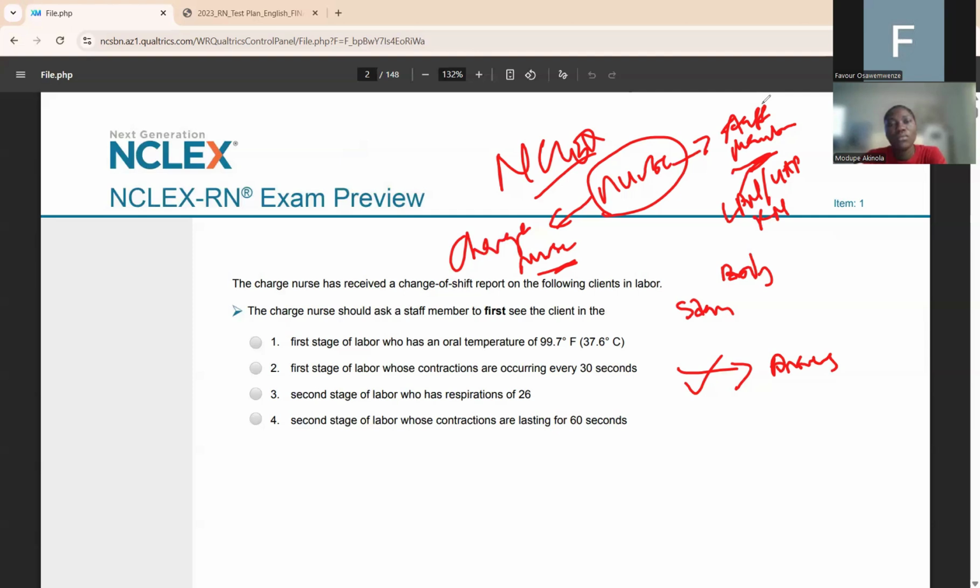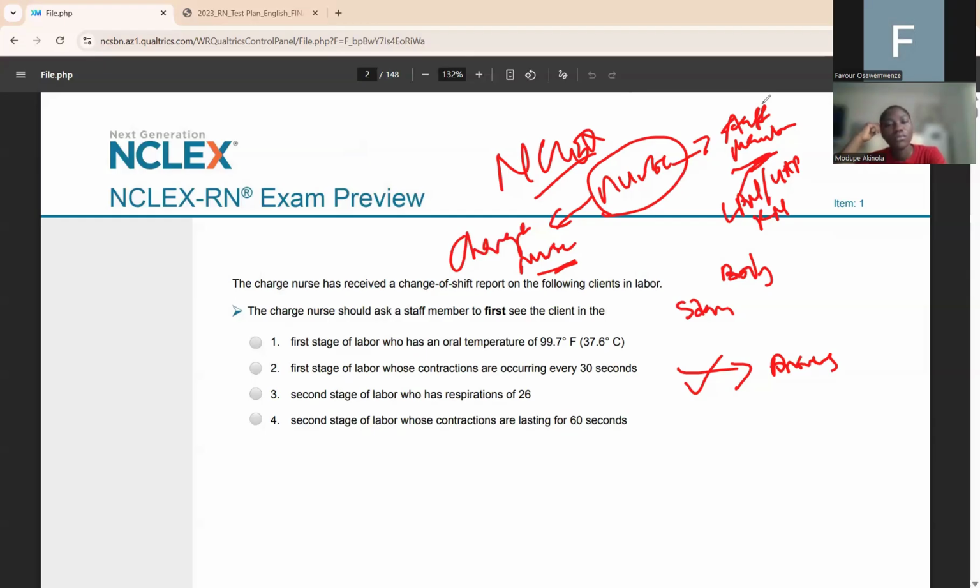So how do you want to even pass the NCLEX in the first place when you don't even understand your role as a nurse? Now, charge nurse, you need to understand the role of a charge nurse. Because I can tell you for sure, even without you telling me, you saw charge nurse on your question because it's there. Charge nurse is there, you as a nurse is there, staff member is there.